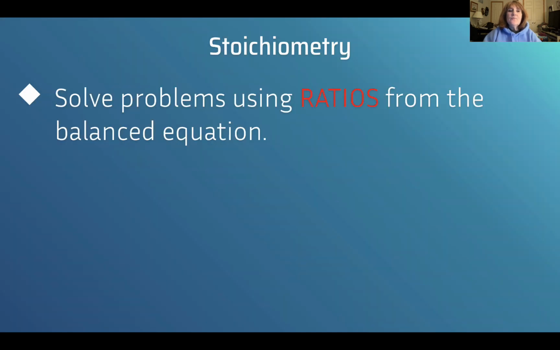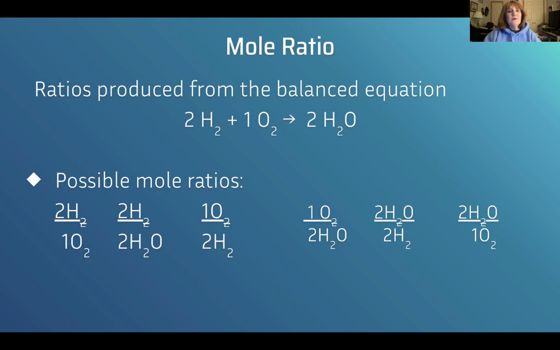So you're going to solve problems using ratios from balanced chemical equations. So if you had this balanced chemical equation of H2 plus O2 makes H2O, possible mole ratios could be 2 hydrogen to 1 oxygen, 2 hydrogen to 2 water, 1 oxygen to 2 hydrogen, and so forth. Any combination thereof.